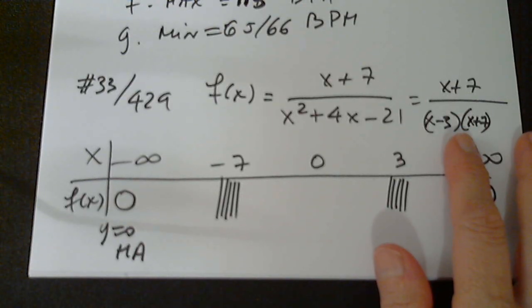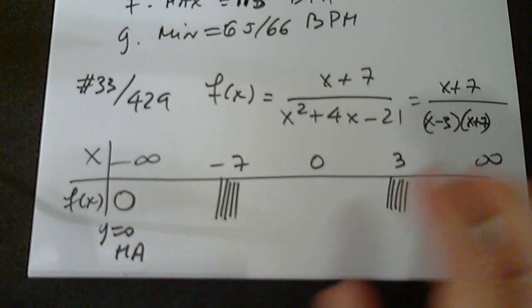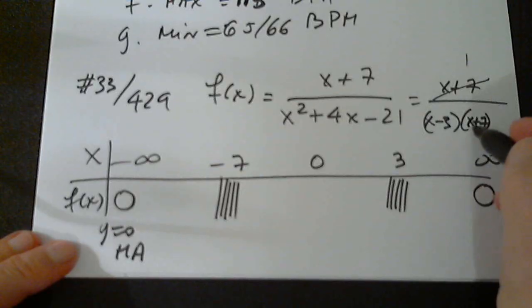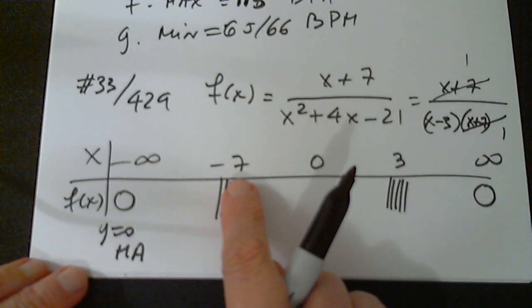Very important to notice. Is it something with both the x plus 7s? Of course. What does this mean about x equals -7?